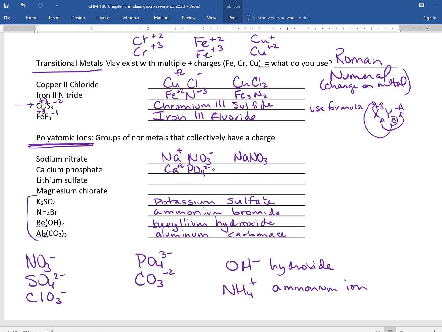So how many calcium? 3. What do I have to do if I have 2 phosphates? Use parentheses. PO4, 2. Ca3(PO4)2, with the parentheses around that phosphate group.